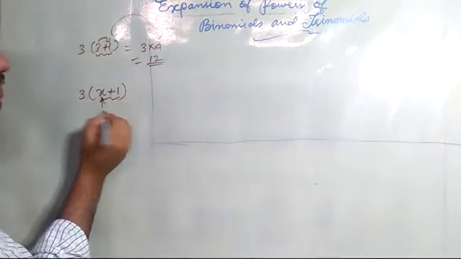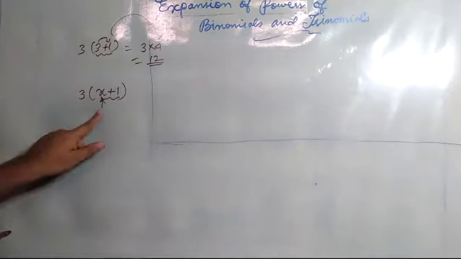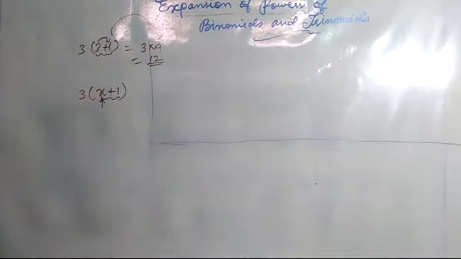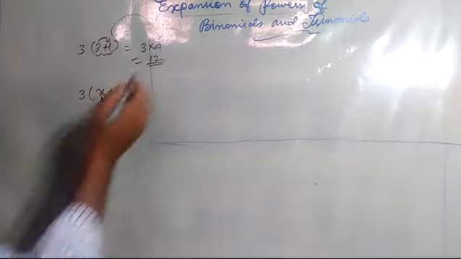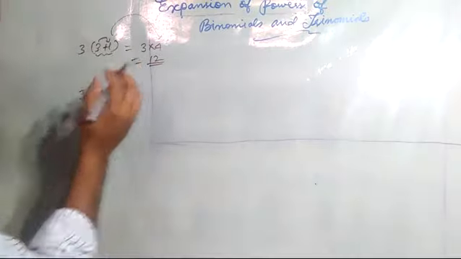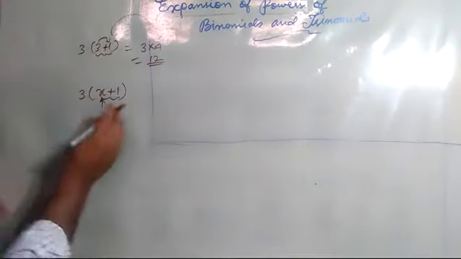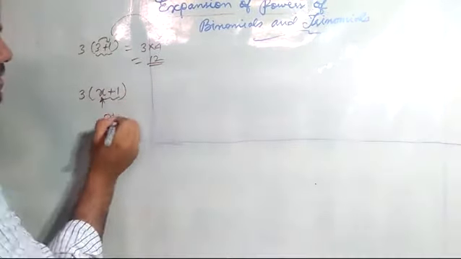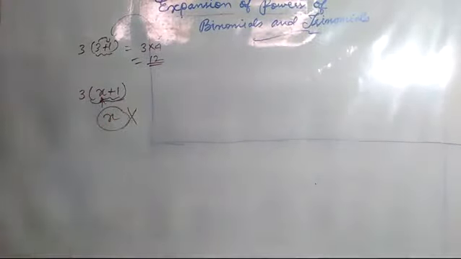This is one term, this is the other term. These two terms are unlike terms. We cannot compress them together like I have compressed 3 plus 1 into 4. Here I cannot write this whole as x.